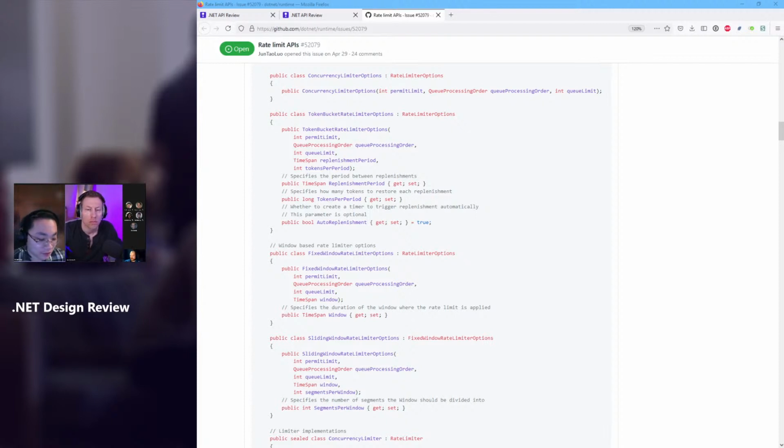Now, if you have a wide range of replenishment periods, let's say you have services that meet different contracts, where some limits are 5 requests per week and others are requests per second, then it might make sense to have separate timers.